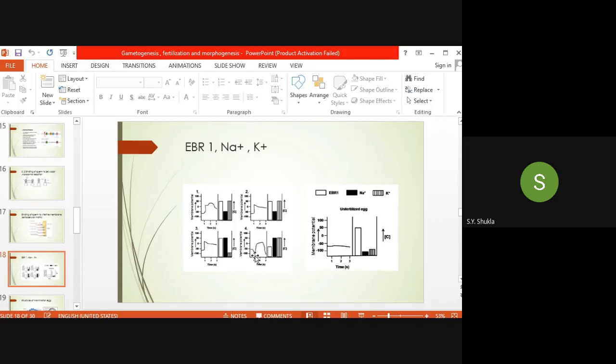Because of this change in membrane potential, no other sperm can bind to that egg, which blocks polyspermy. This is the fast block.